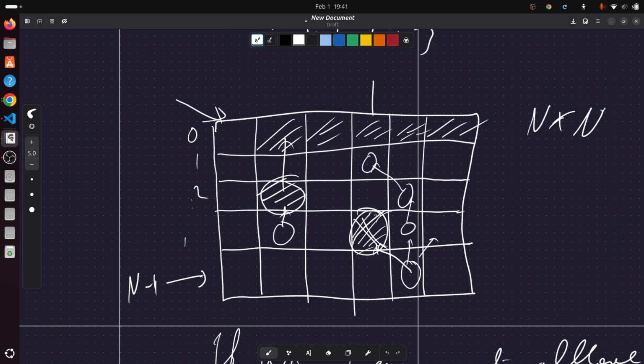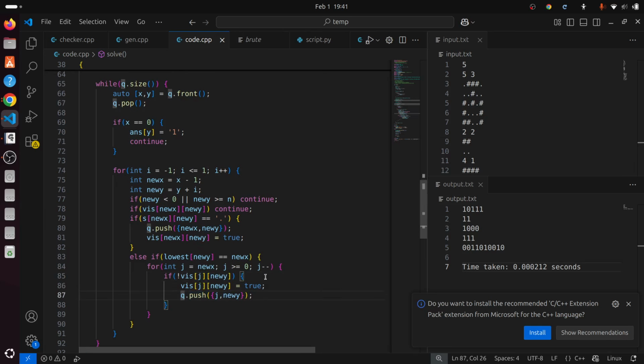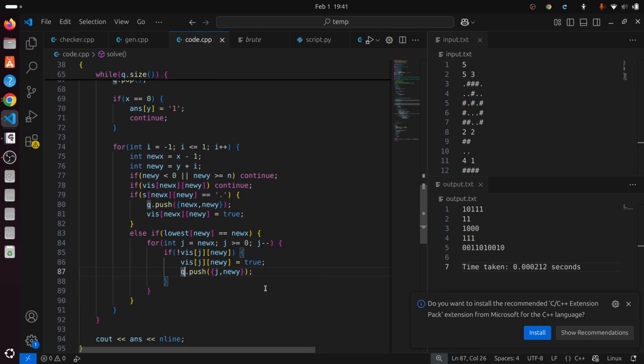Let's say we are moving into this node, so we'll insert this one and all the nodes above it as well into my queue. So for j equal to new x, j greater than or equal to 0, j minus minus, I'll insert j comma new y if it is not visited yet. So this is the logic for this problem.